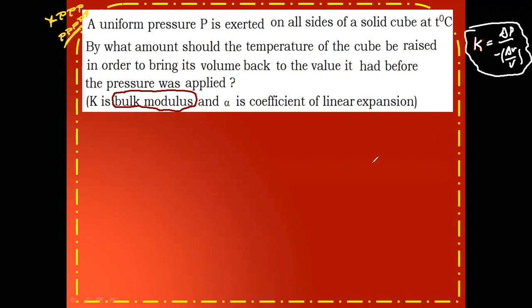Later, in mechanical properties of solids, there is a huge topic based on bulk modulus. From this, I can say delta V by V, the fractional decrease in volume, is equal to the change in pressure upon bulk modulus. It is the form. Now how to get the solution here?